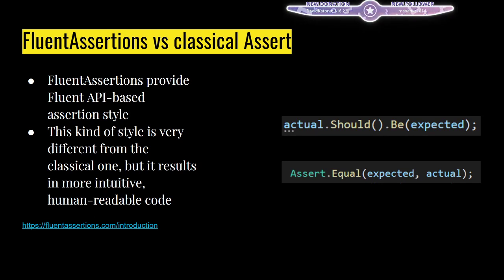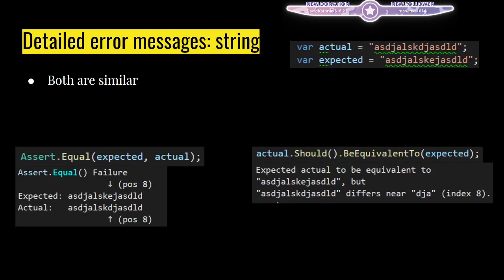You read this and you see actual should be expected. When you read an assert-based assertion, you say Assert.Equal expected, actual. It doesn't connect as well. And that's why Fluent Assertions, unlike AutoFixture, makes it simpler to read and understand what's written.